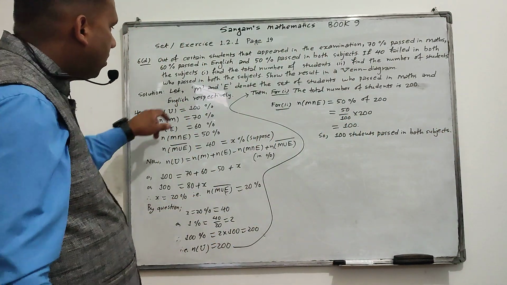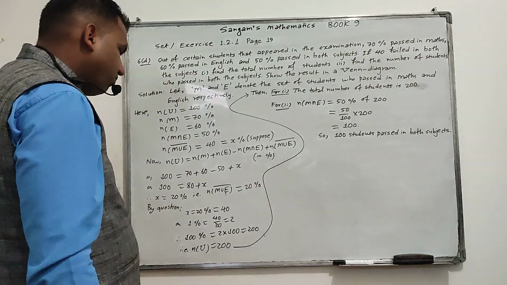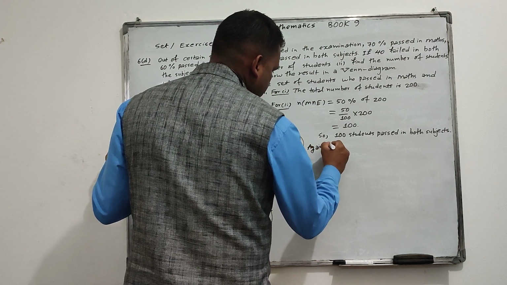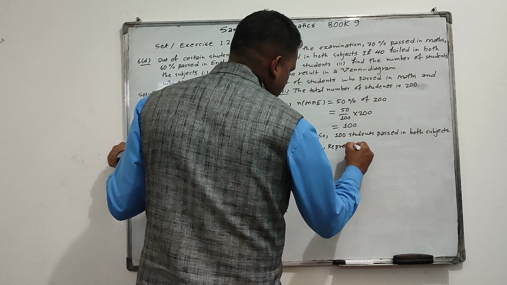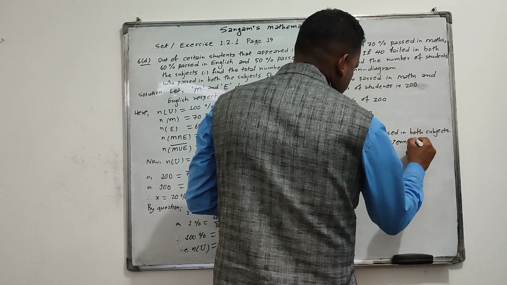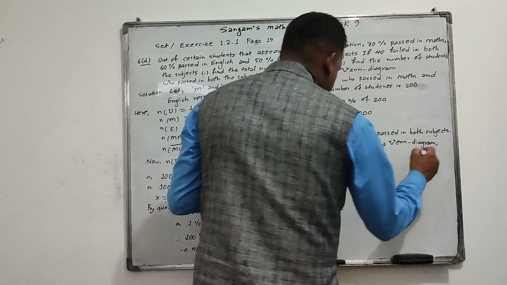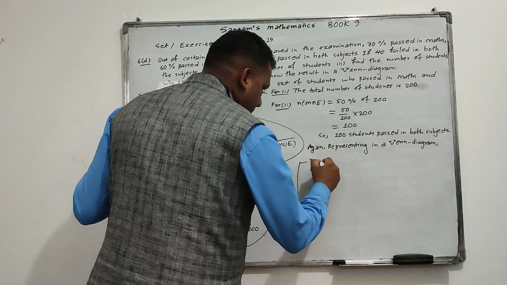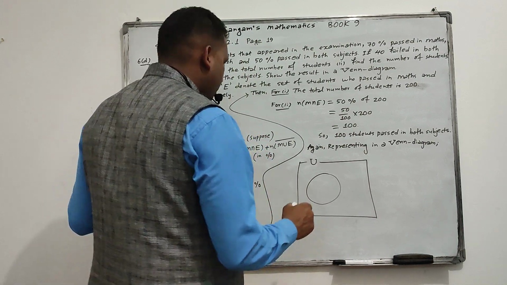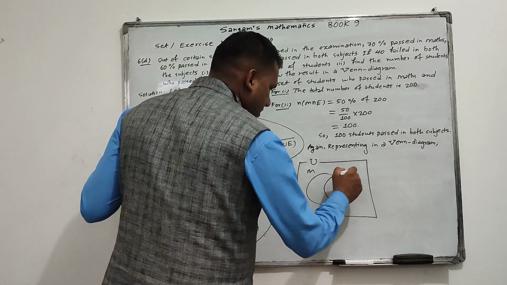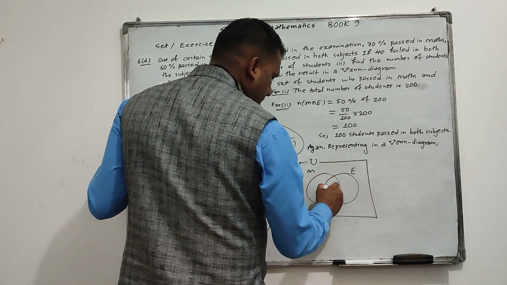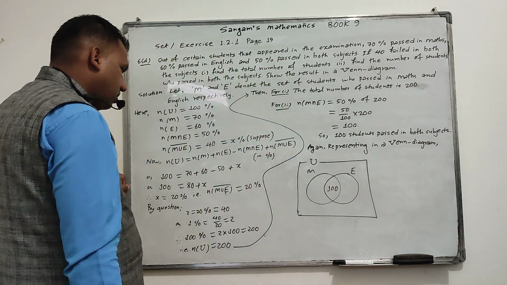Then last part, show the result in a Venn diagram. Again, representing in a Venn diagram, we need U, the universal set, and its two subsets M and E. Passing both is 100. Understand here, the complement part is given, 40.